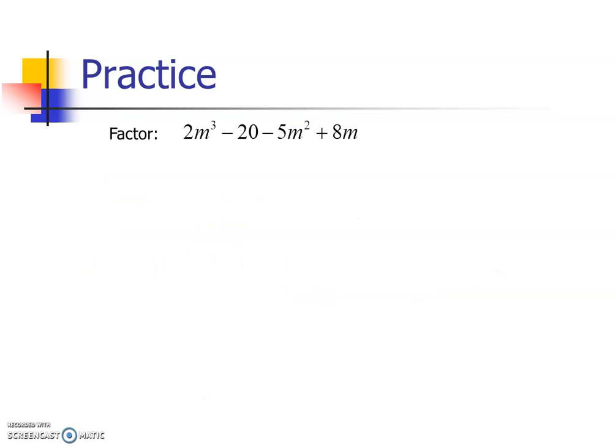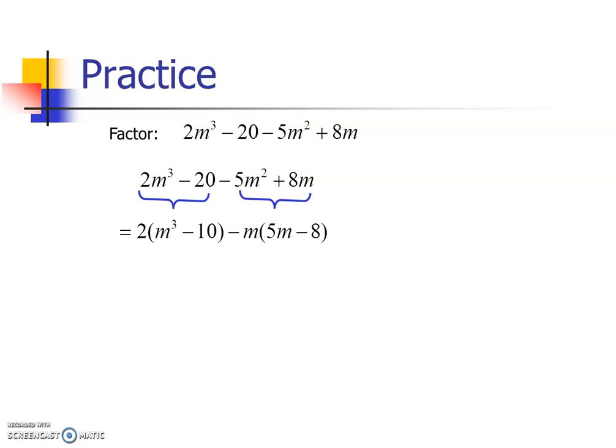Okay, next complication. Watch out for this. I got my 4 terms. I take out the 2 from the first pair. I take out the m from the second pair. And my 2 brackets don't even look a little bit the same. There's no common bracket factor. And so at this point, you're going to panic a little bit maybe. You didn't make a mistake. But the strategy here is we're going to have to reorder the terms before we do the factoring.